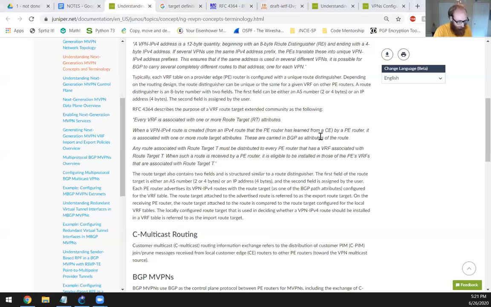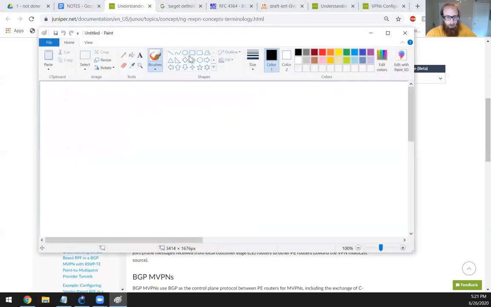Let's draw this out with Microsoft Paint, and we're going to make some stick figures here. Okay, so we've got an archer here, and we'll give him a bow and arrow.